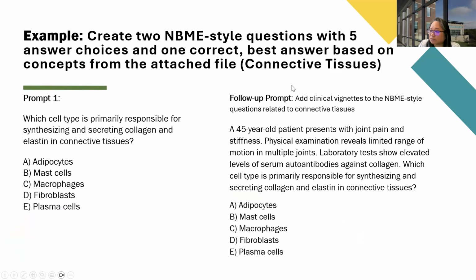Therefore, I had them do a follow-up prompt to add a clinical vignette into the NBME style question. This is the type of vignette that they would receive. Then they would look at the questions and their answer choices, and make sure they are the correct choices to be included with the question, and that there's only one best answer to the question prompt.